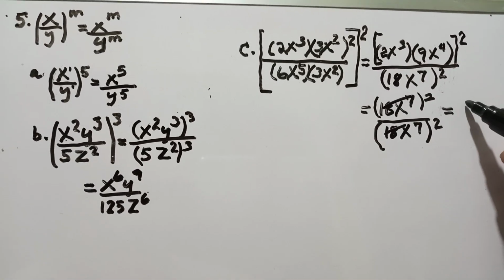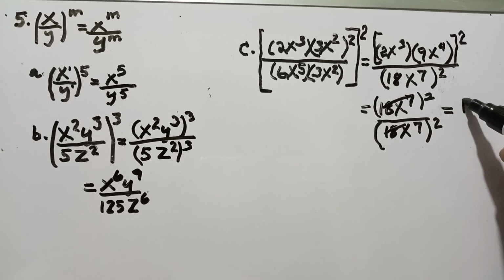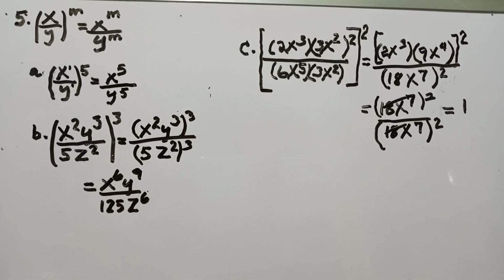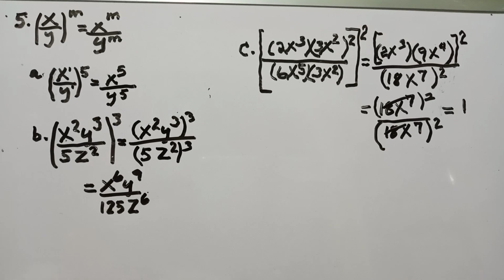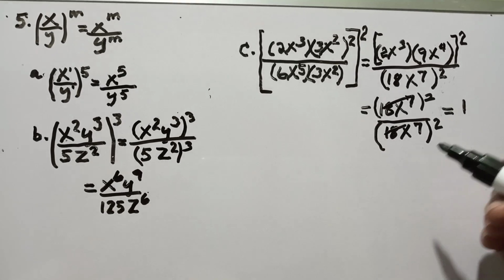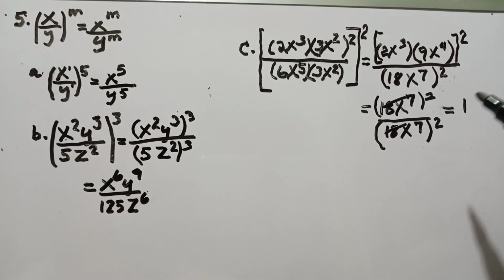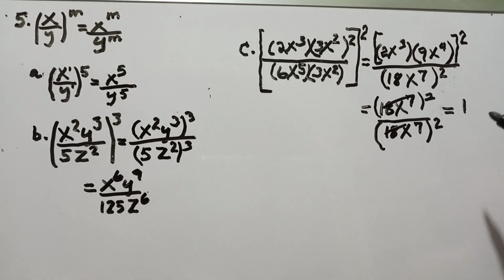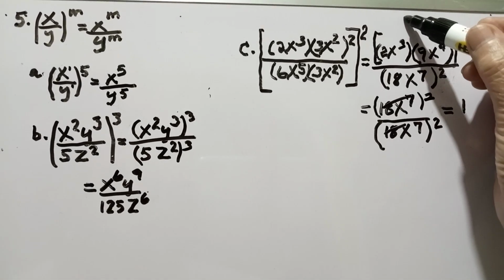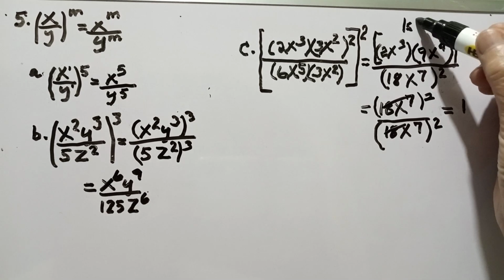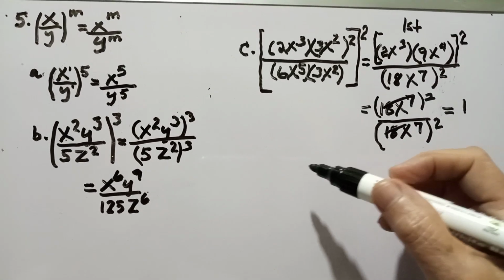So what is left is 1 square or just 1. Now remember that some expressions have more than one solution. So suppose that this is our first solution.